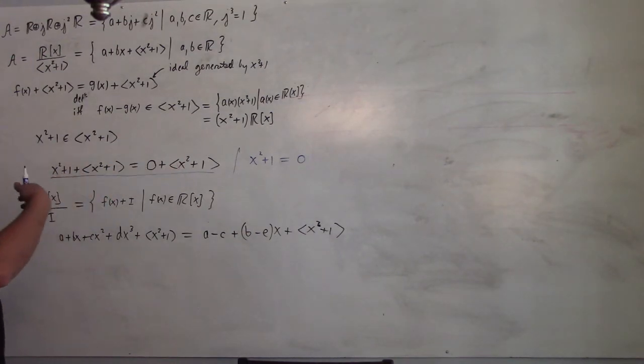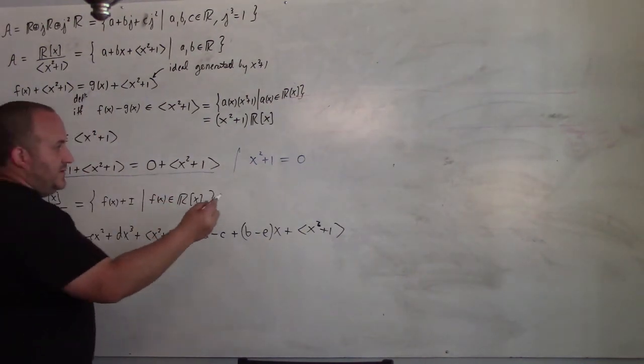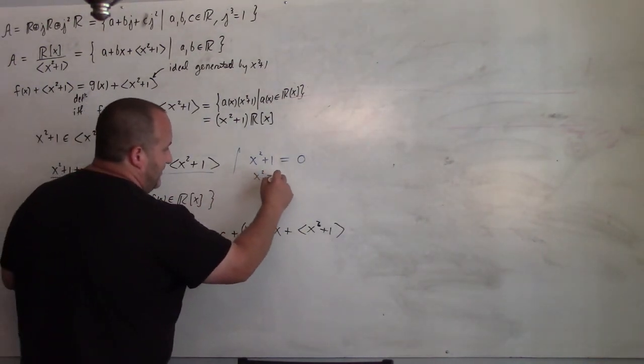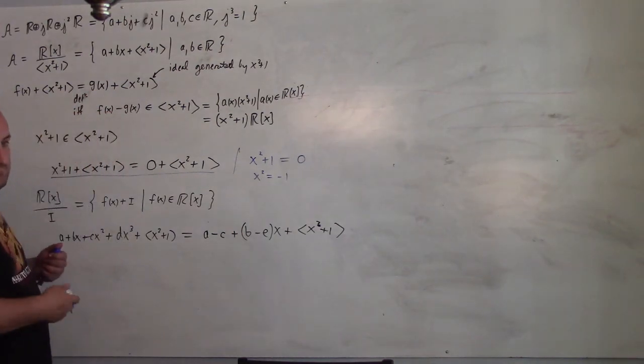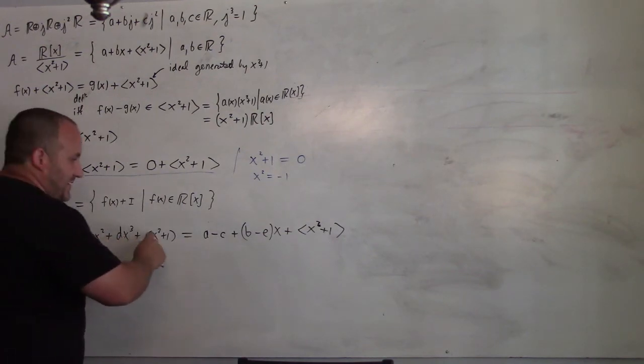These equivalence classes have many representatives, and you can manipulate the representative by this relation we just found, that x squared plus 1 is equal to 0, or equivalently x squared is equal to -1. You can apply that over and over again, additively and multiplicatively, and the whole shebang, and you get this.